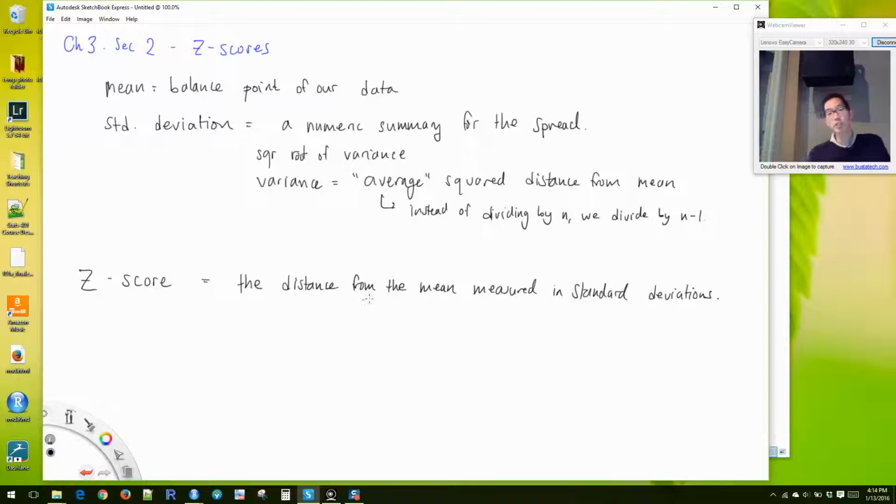The doctor can also just report to you a Z-score. We have these guidelines where we say if the Z-score is above 2 or less than -2, that can be considered unusual.